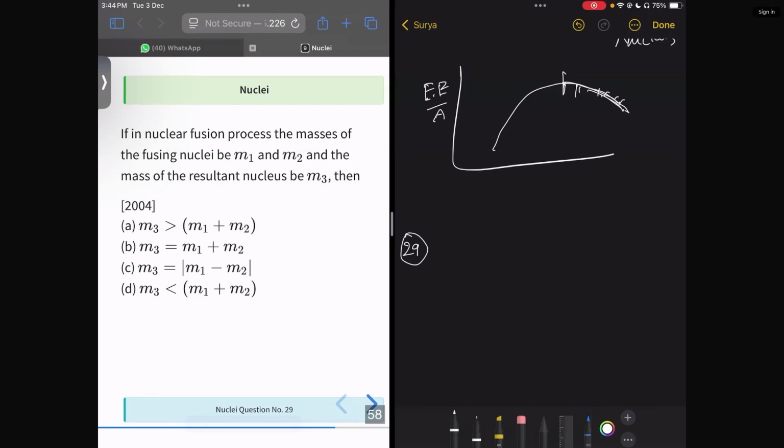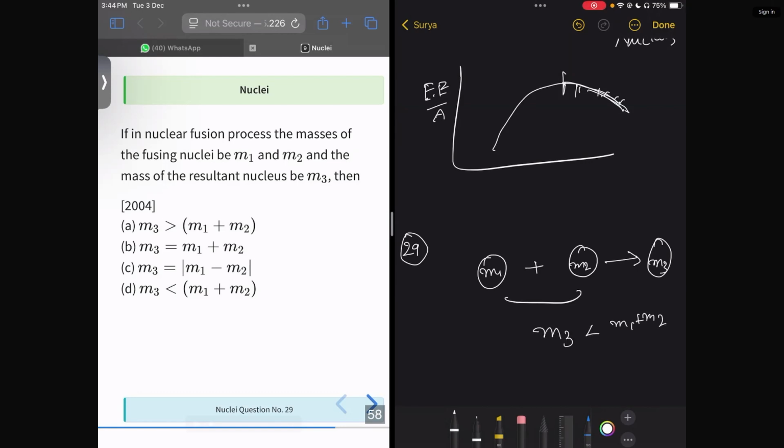Two nuclei M1 and M2 combine to form a heavier nucleus M3. The mass of the resulting nucleus is less than the total mass of the two, so M3 should be less than M1 plus M2.